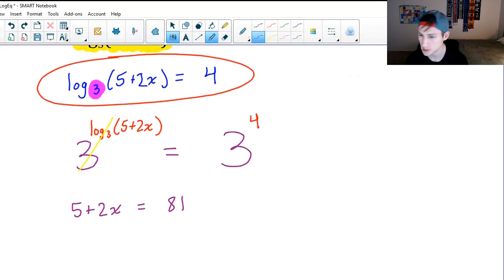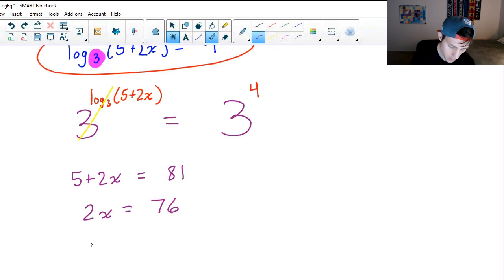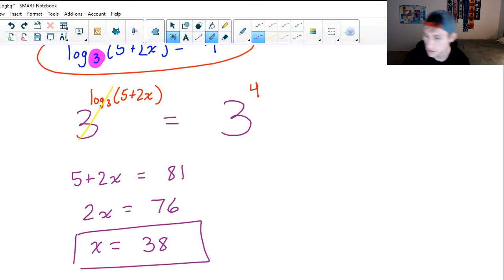Now we have a much more manageable equation to work with, just a two-step equation. 5 plus 2x equals 81. So we subtract 5 on both sides. 76. Divide both sides by 2. 38. X equals 38.